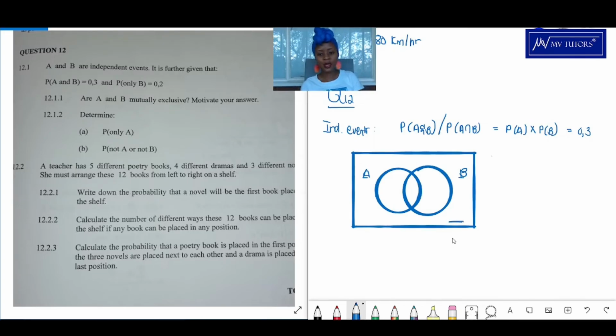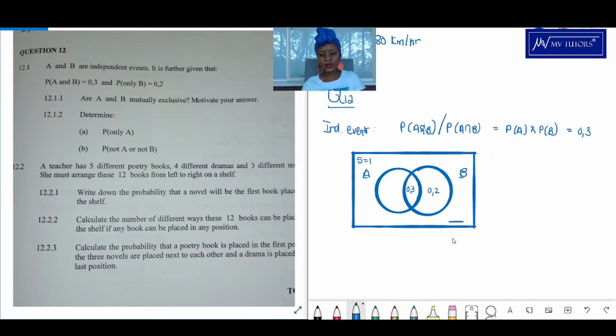We're not sure, but we know that our sample space at the end of it all should be 1 because we're dealing with probabilities. They haven't given us values. We know that the intersection is going to be 0.3, and only B will be 0.2.